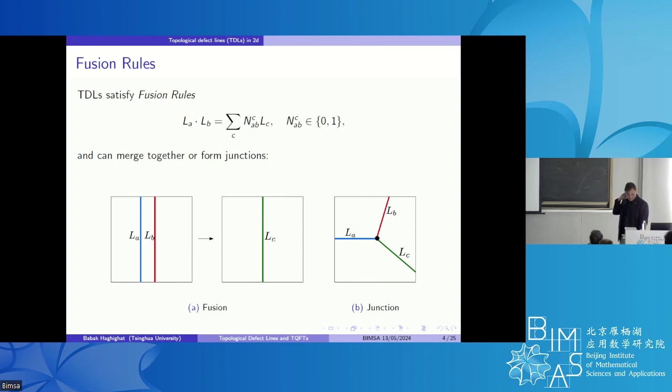Exactly. And adding. Sometimes you get sums of things. So then you have to add, let's say, a green one and another, let's say, yellow one. If you want to compute partition functions, you have to add them and so on.